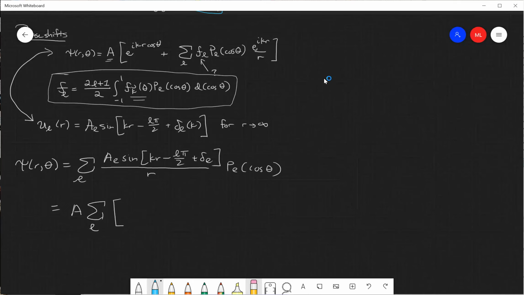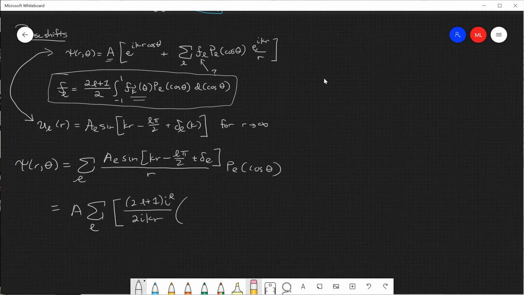So with that in mind, we write this part as 2L plus 1, i to the L, divided by 2i kr.